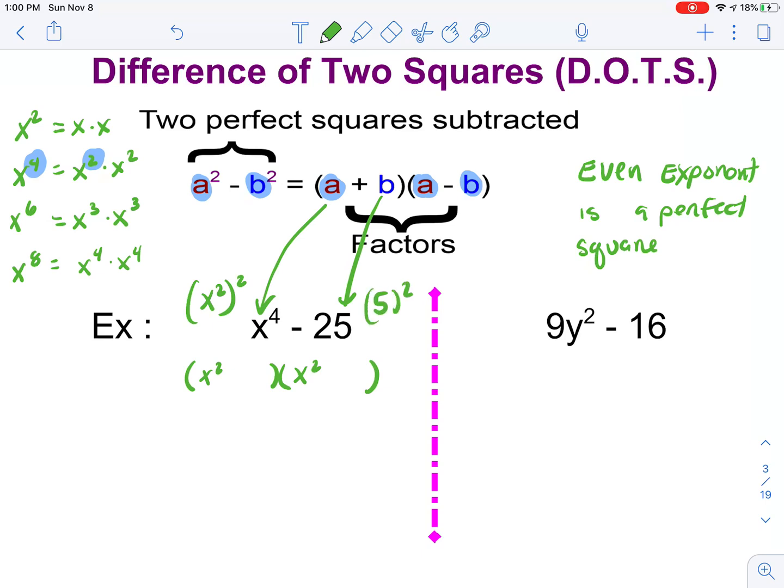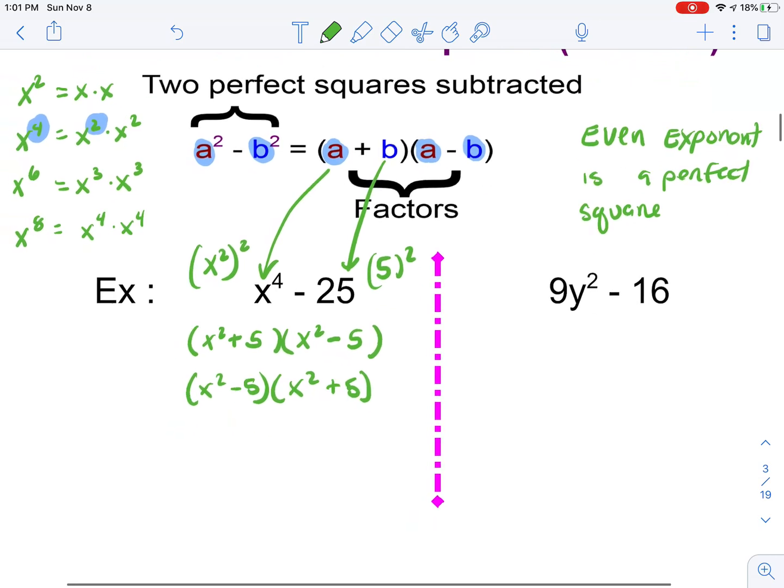Well, that's 5. So then we put 5 in the second position. And then, as always, we put one minus and one plus. Now, it does not matter which order you put that in, as long as it is the 5 that has the negative sign. All right, so that would be the final answer here.